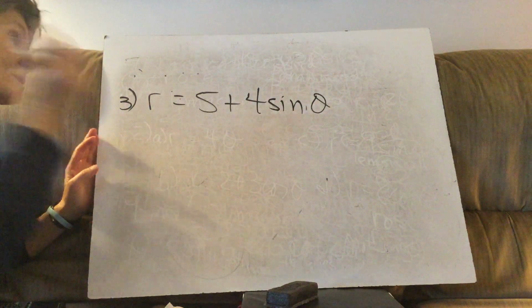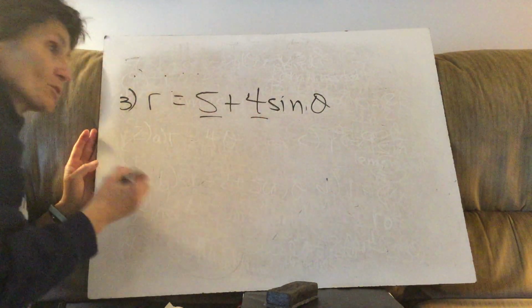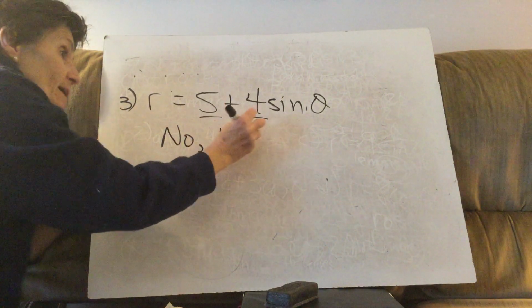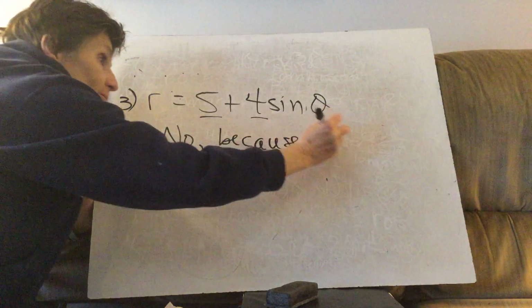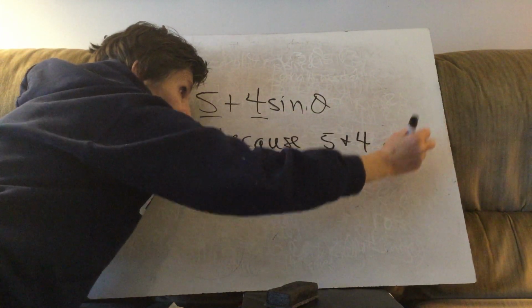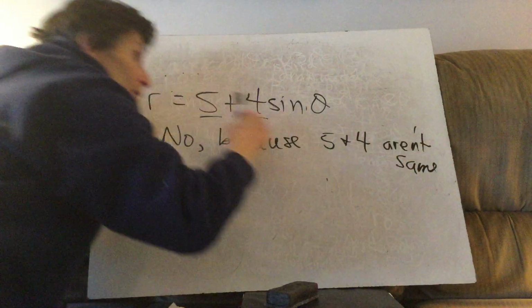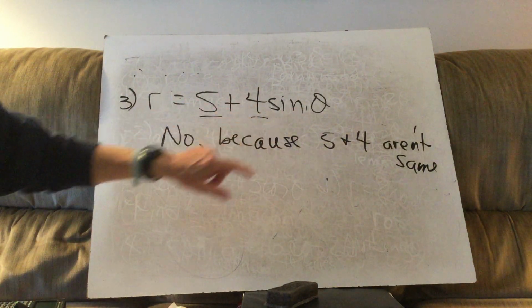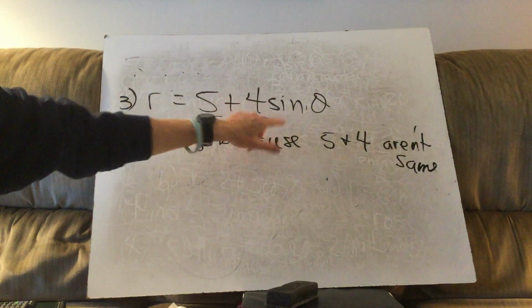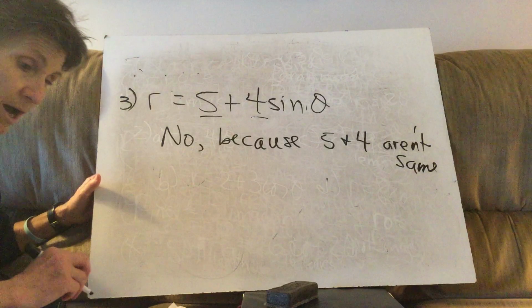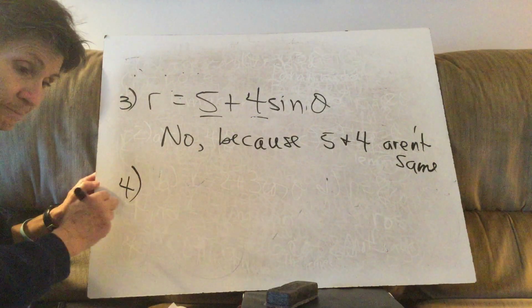You recall from the notes that these two numbers have to match for it to be a cardioid. So no, it's not a cardioid because 5 and 4 aren't the same. They have to be the same number. So this could be 5 minus 5 sine. It could be 4 plus 4 sine. But if these two numbers aren't the same, it is not a cardioid.